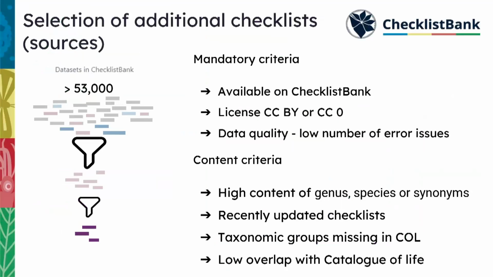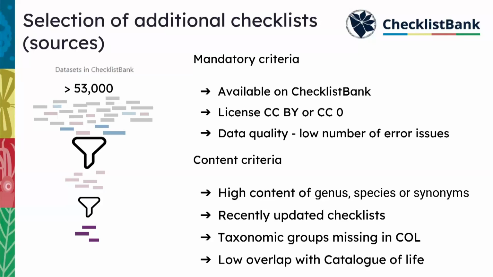Selection of additional checklists or sources to be included in the process. As I mentioned before, the assembly process occurs in Checklist Bank, and even though there are more than 50,000 checklists available in the platform, not all of them are included in the process, as we perform a prior filtering of them to ensure a standard level of inputs.